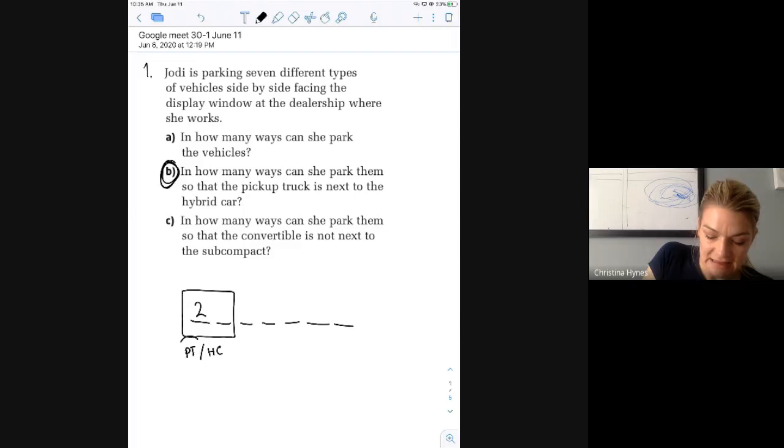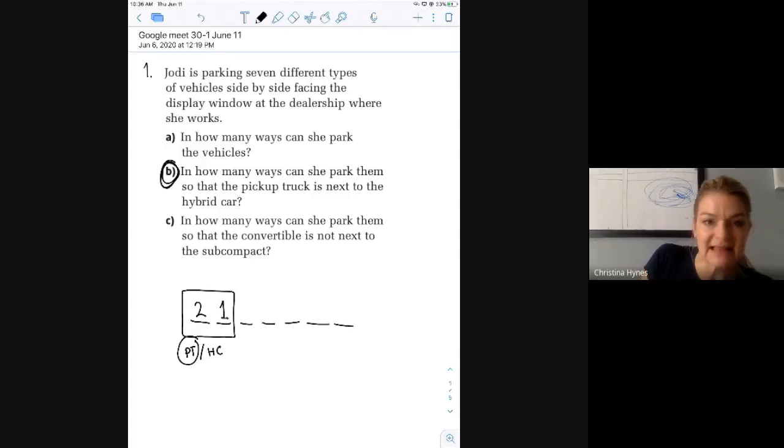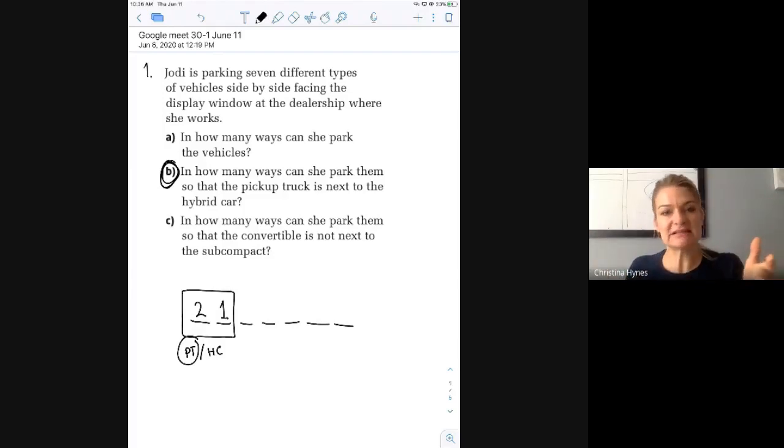Now, let's say we pick the hybrid or the pickup truck to go in that first spot. That means we have 1 more choice left for the next spot. So when it comes to letters or items or people, once you put something into a spot, you have 1 less for the next spot. Okay, you've already used someone in that spot, so you don't have as many options.